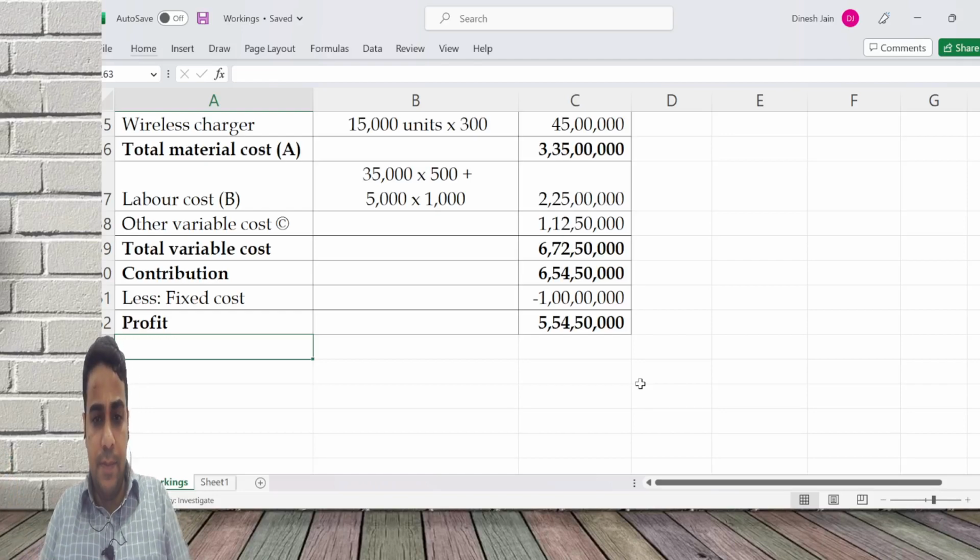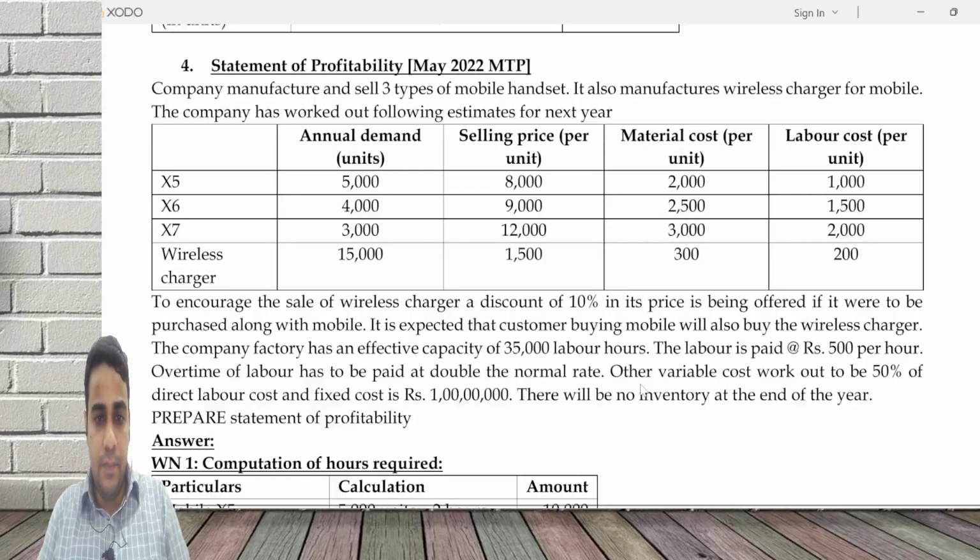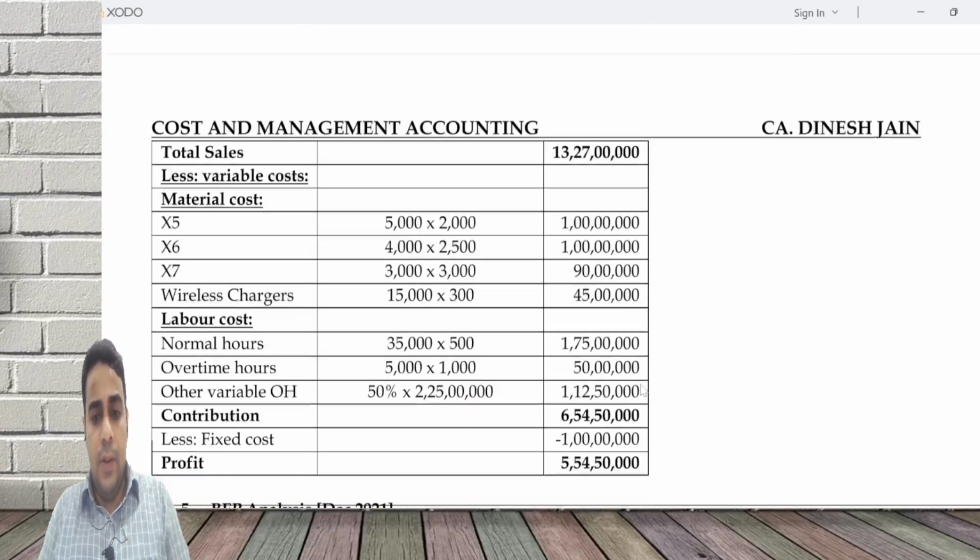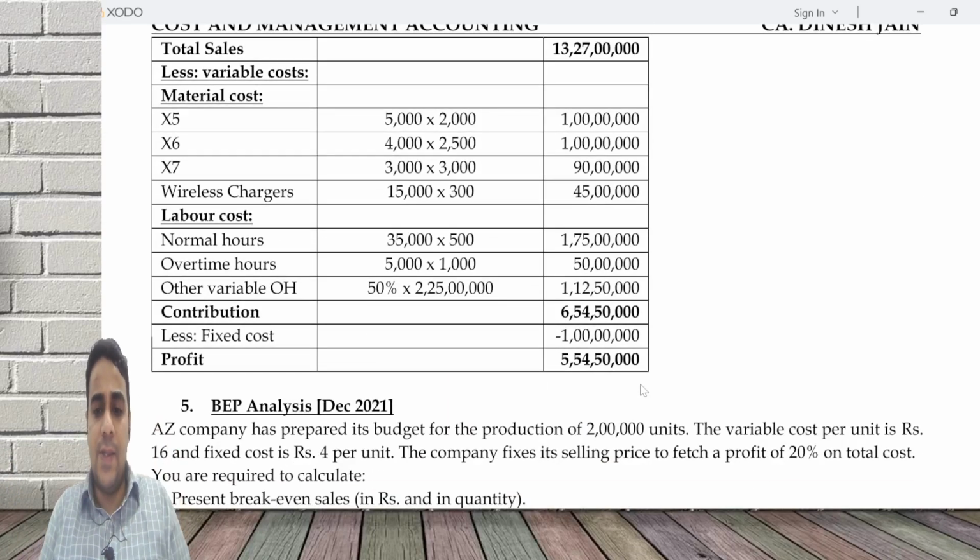Any doubts on this? If it matches, fine. Sometimes we may have some calculation errors. If that is there, we'll correct it.